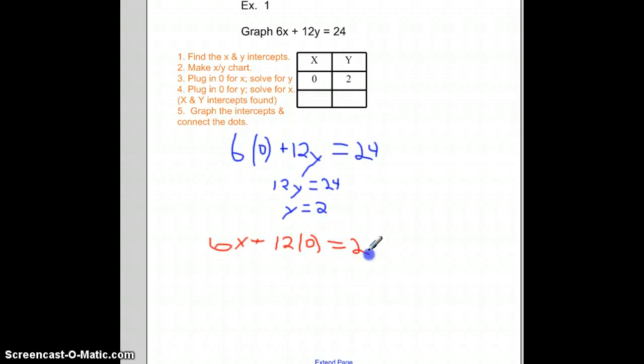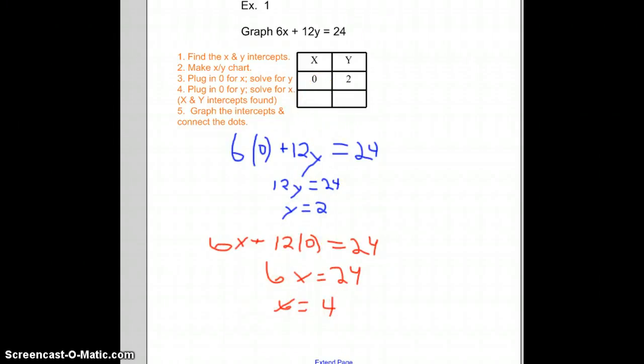Well, we know 12 times 0 is 0, so we're basically left with 6x equals 24. Again, 6 times x, we've got to divide by 6. So if we divide both sides by 6, 24 divided by 6 will give us 4. So x equals 4.